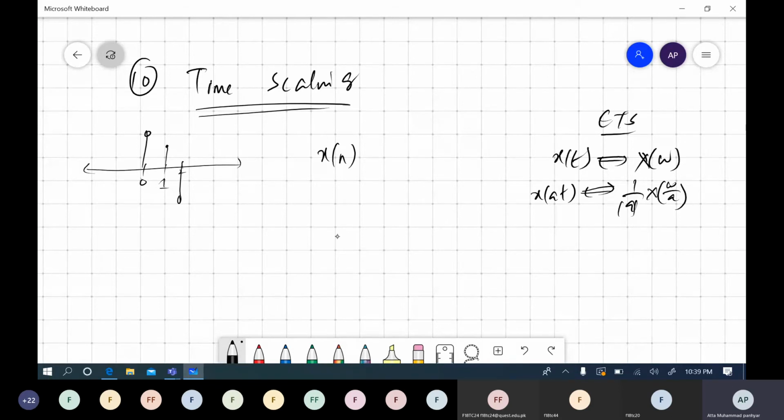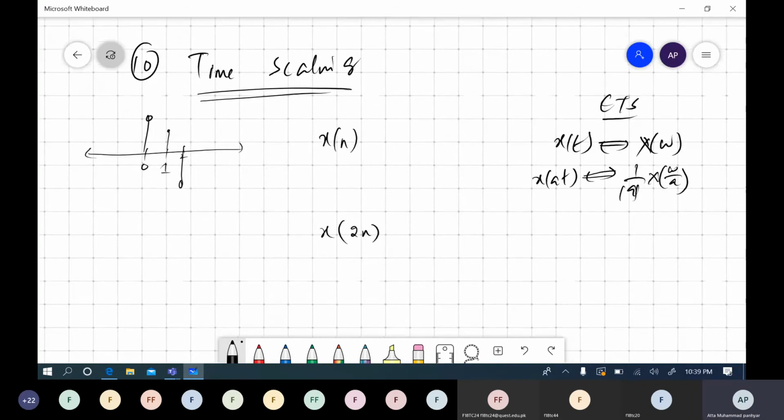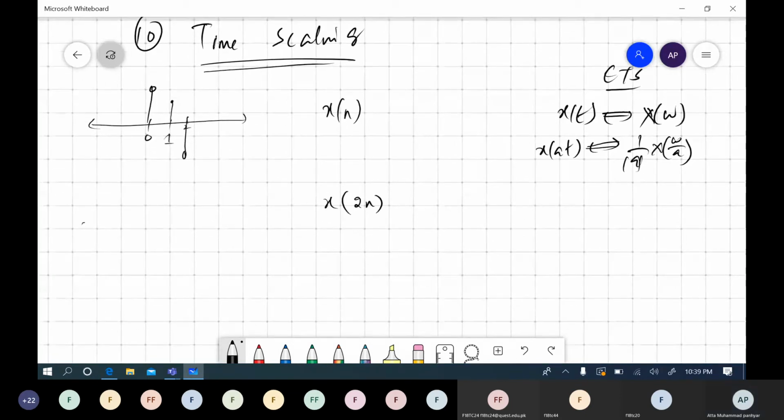Now if we compute x2 of n, then what we get is, for example, at 0 we get the same value, right? And for 1 we get x of 2, and x of 2 is at 2, it is negative.